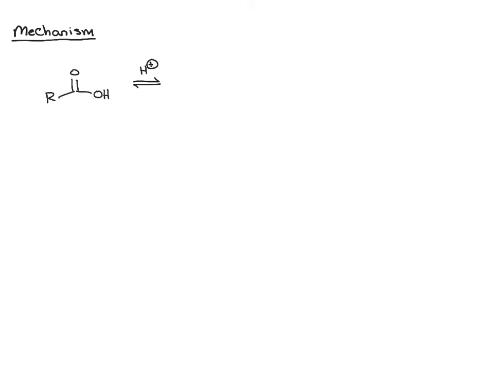If you have a carbonyl and acid, always your first step, use a lone pair on the carbonyl oxygen and protonate it. So that is, as we talked about before, an activated carbonyl. Meaning it's extra reactive.